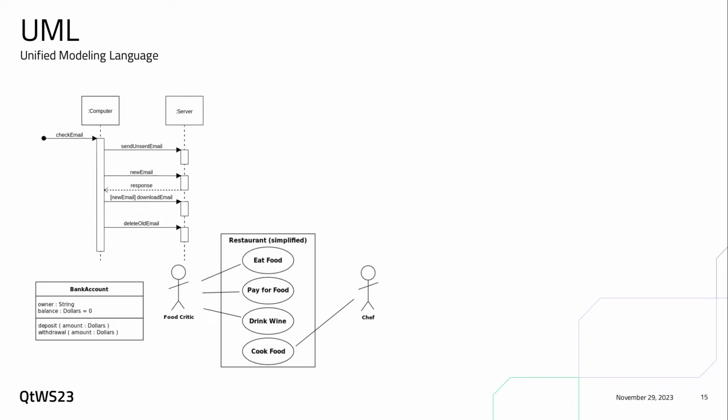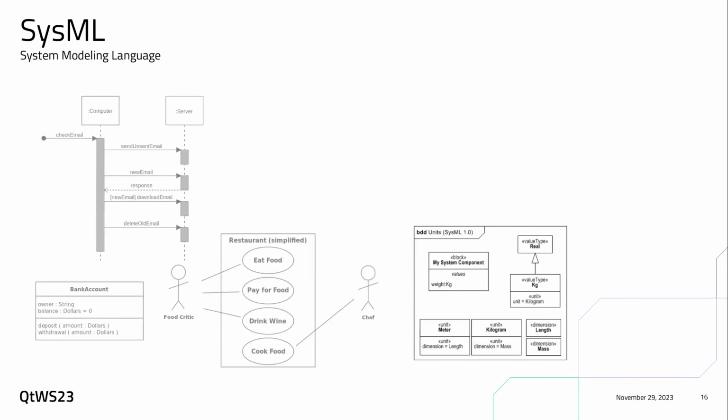Next to this is a much more generalized approach. It's called SysML, and this is for a broader scope. UML, these few charts I showed, there are a lot more of them.